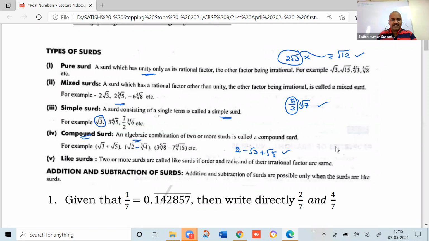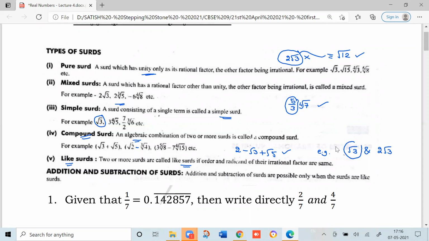Next, what is meant by like surds? Two or more surds are called like surds if the order and radicand of their irrational factor are the same. Now, let us take an example. Root 3 and 2 root 3. What is the order of each surd? 2. 2.